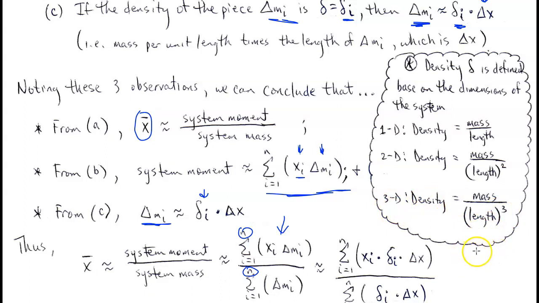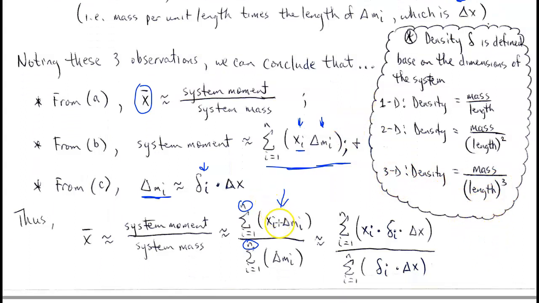Now, the basic idea is this. Once we consider our system moment and system mass in this form, and we substitute in the delta m sub i as just the density times the change in the x values for both the system moment and system mass down here, our goal is to say, well, for this thin rod, can we increase the number of pieces we break that rod into to an infinite amount, theoretically, okay?